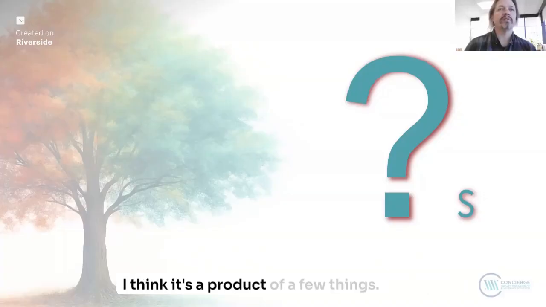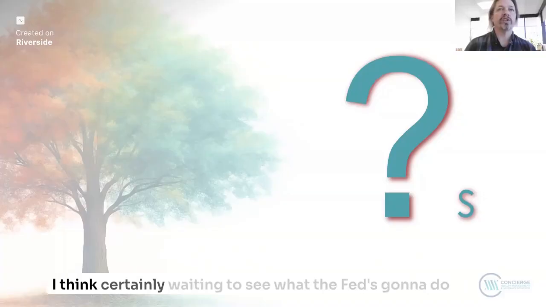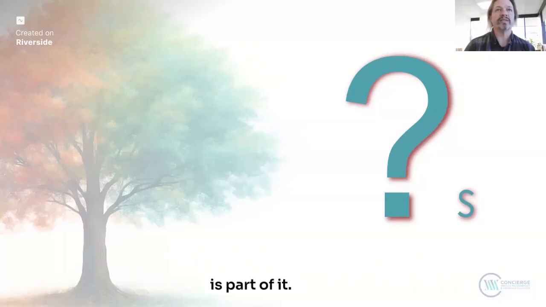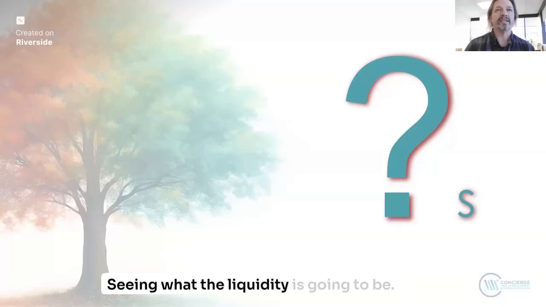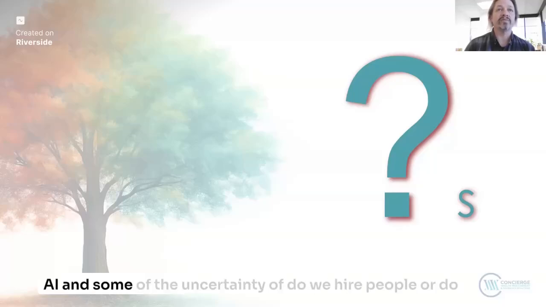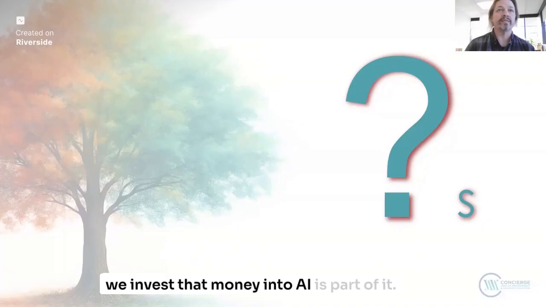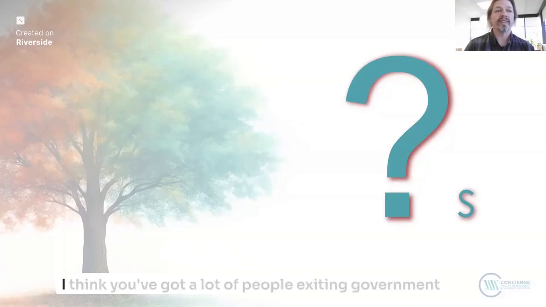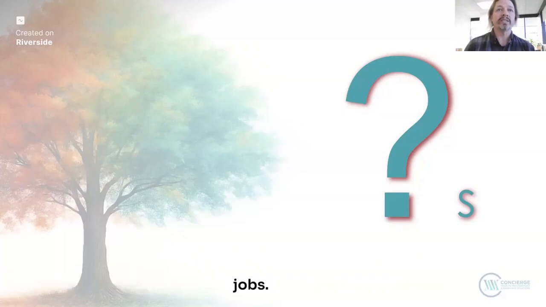I think it's a product of a few things. I think certainly waiting to see what the Fed's going to do is part of it, seeing what the liquidity is going to be. I think AI and some of the uncertainty of, do we hire people or do we invest that money into AI, is part of it. I think you've got a lot of people exiting government jobs.